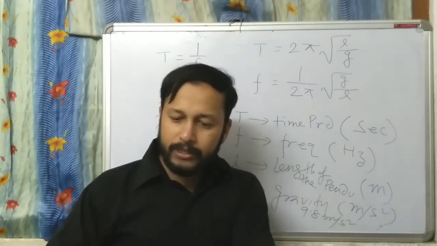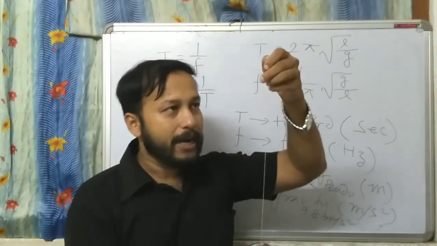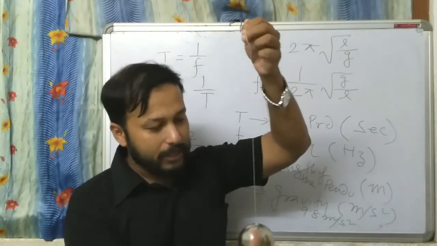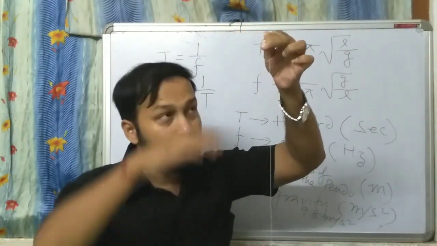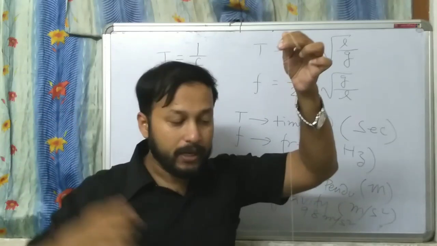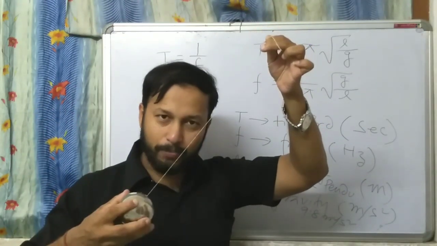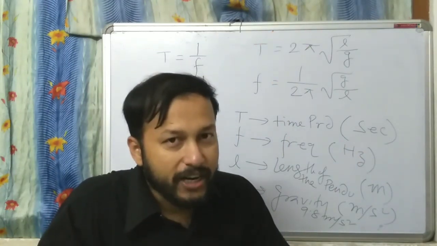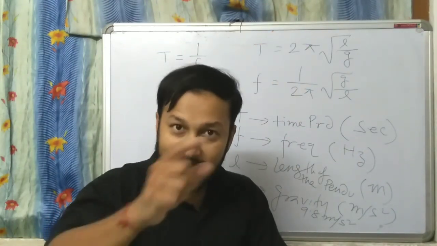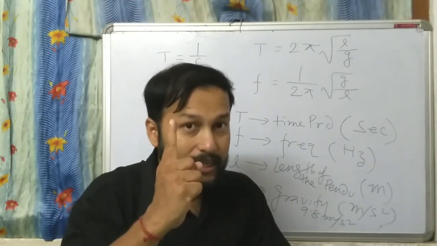So we discussed pendulum. I told you that a pendulum is very simple. You use a ball, and this ball is suspended by a thread with a rigid support. Then this is a pendulum. This is called mean position, extreme position. One oscillation: how much time it has taken to complete one oscillation? That is time period. How many oscillations it has completed in 1 second?